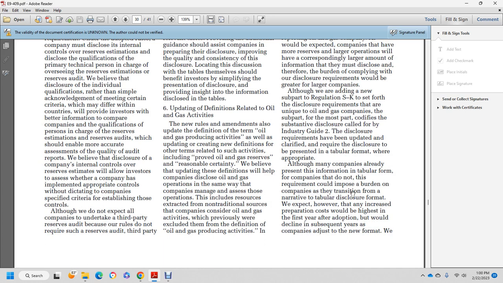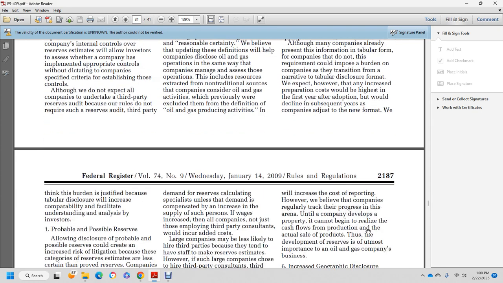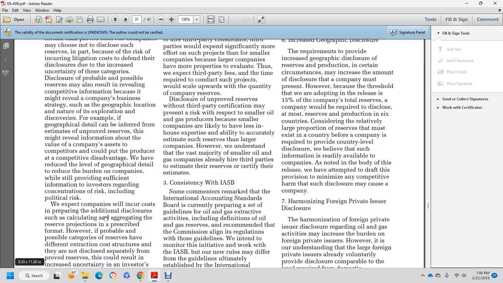The burden on companies that have transitioned from narrative to tabular disclosure format, we expect the increase in preparation costs to be highest in the first year after adoption, declining in the subsequent years as the company adopts the new format. We think the burden of the tabular disclosure would increase comparability and the understanding of investors' analysis.